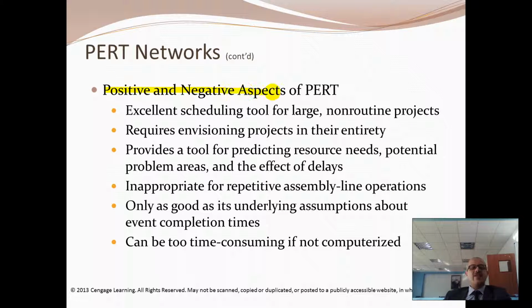The positive and negative aspects of the Pert. Pert is an excellent scheduling tool for anything that is large and something that is non-routine. So maybe it's not very great for the pizza. But let's say we want to order 1,000 pizzas tomorrow. You have some pizzas frozen, we can use them.